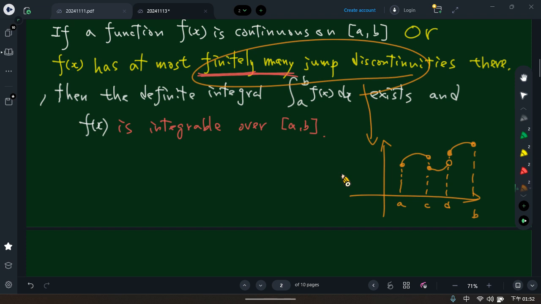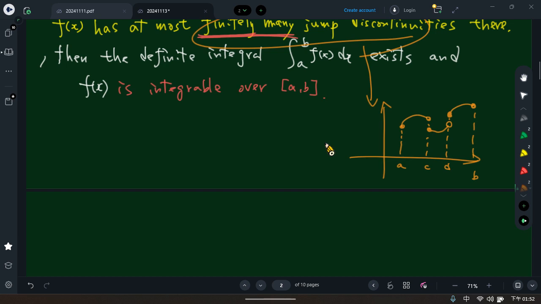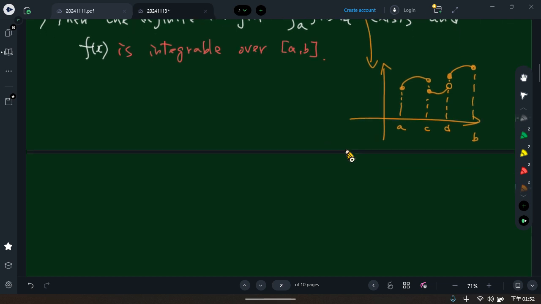Okay? So I will show you an example that is not integrable.